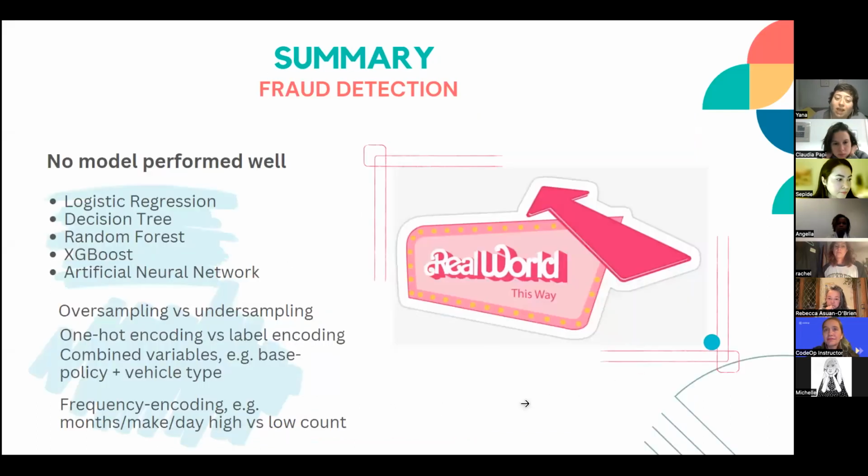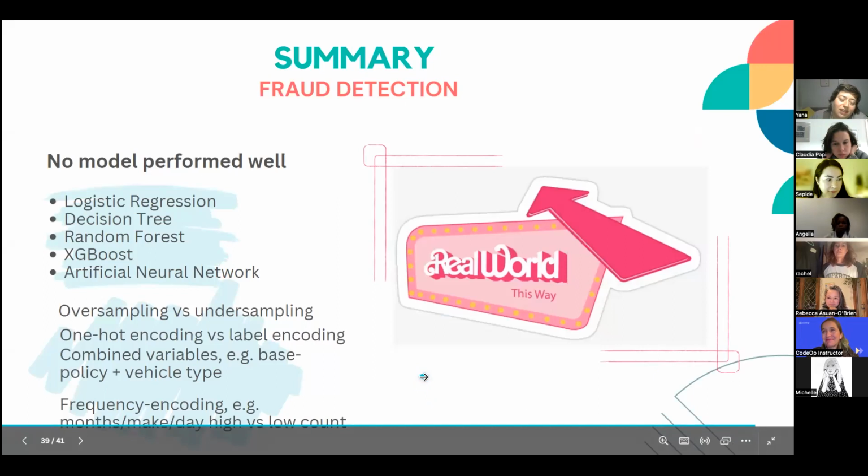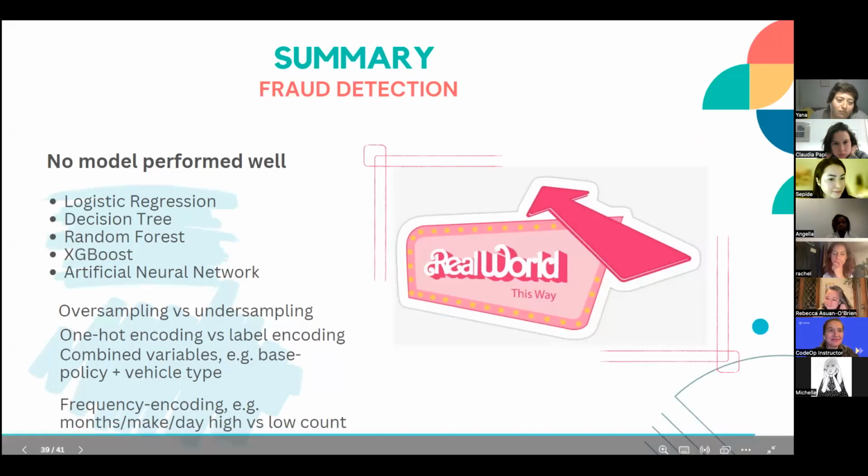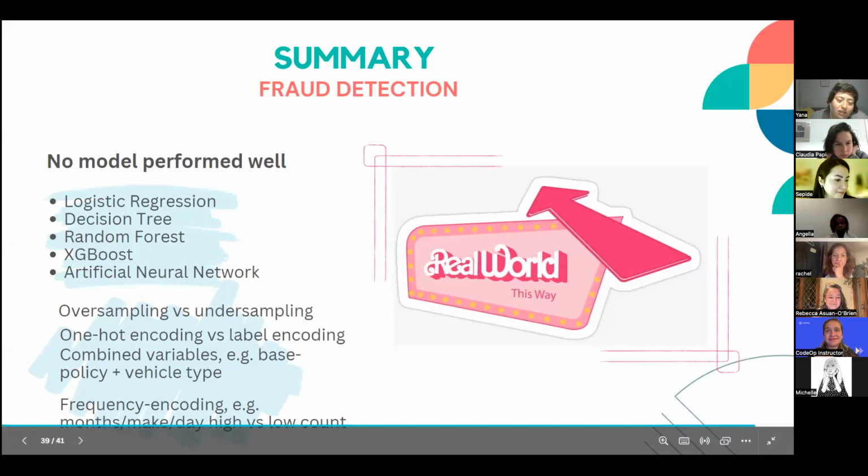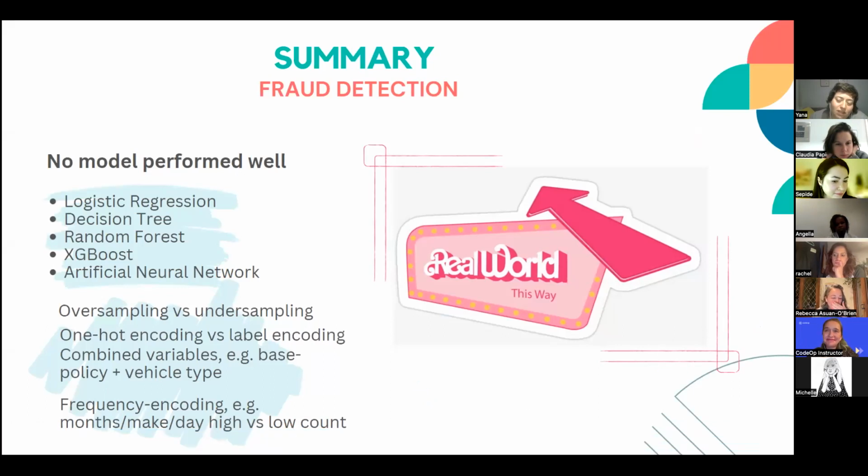So unfortunately, none of our models performed well. We tried those 5 models, different kinds of oversampling, undersampling, and a combination of the two. We also tried different encoding. We went back and forth on our EDA. We combined variables and created additional variables.